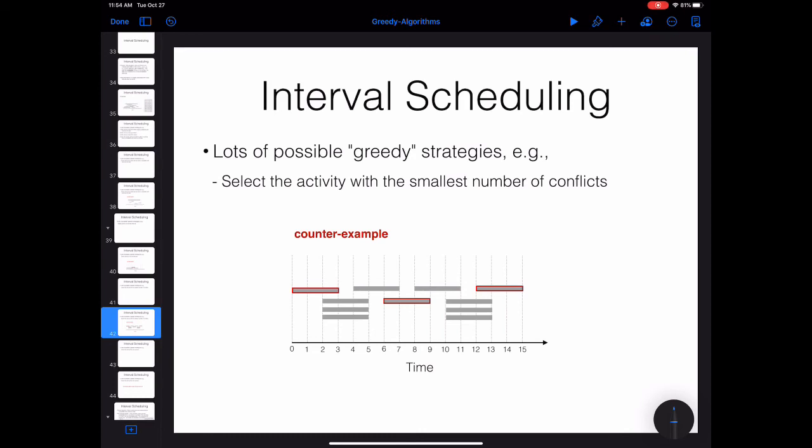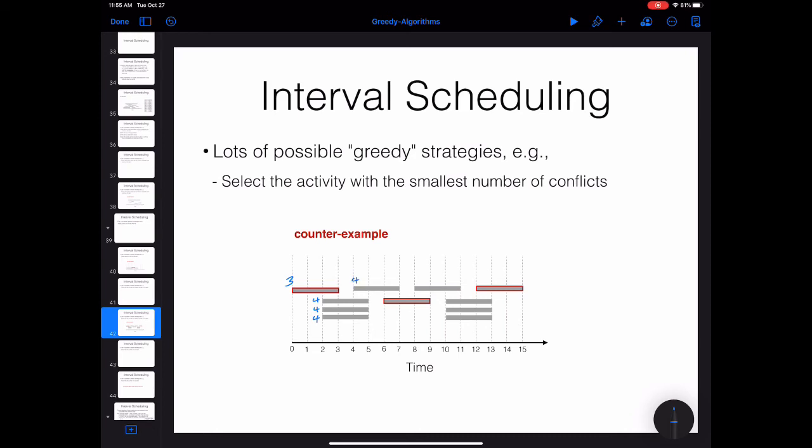Okay, before applying the greedy strategy, let's calculate the number of conflicts for all these jobs. Okay, this job is going to have 3 conflicts. This one is going to have 4 conflicts, 4 conflicts, 4 conflicts. This one is going to have 3 here, 1 here, 4 conflicts.